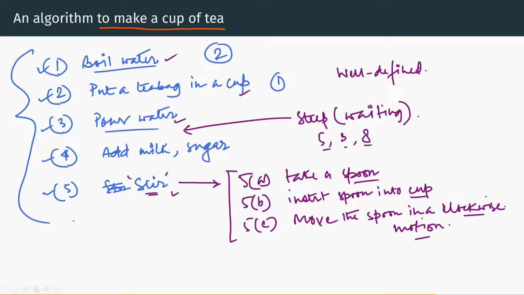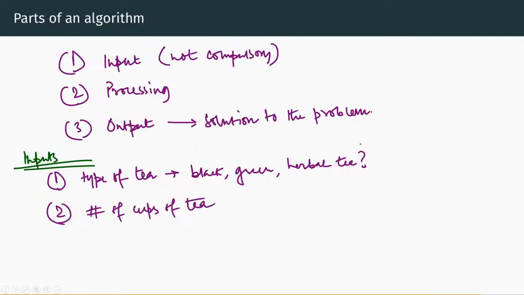What changes based on the input is the amount of water that you boil, the number of tea bags, the number of cups, the amount of steeping time, right? So the input will change your algorithm slightly, but the basics, the sequence of steps, would remain the same. There would be small changes here and there. Okay.